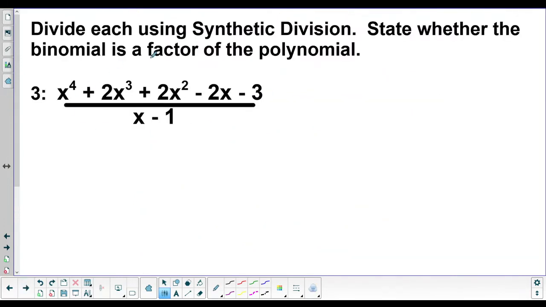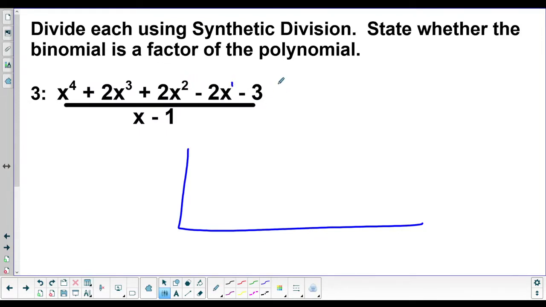All right. The only difference here is that instead of writing the little divide symbol and then putting x minus 1, they put it on the bottom of a fraction because that also means divide. But we are doing the exact same process. So we're going to draw our L. We're going to check to make sure we're not missing any x's. 4, 3, 2, 1, 0.